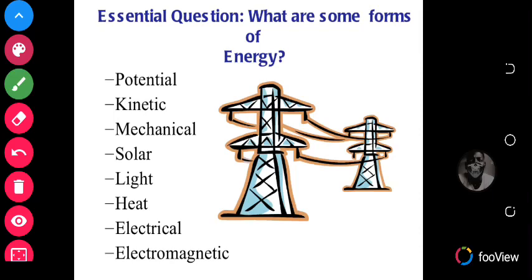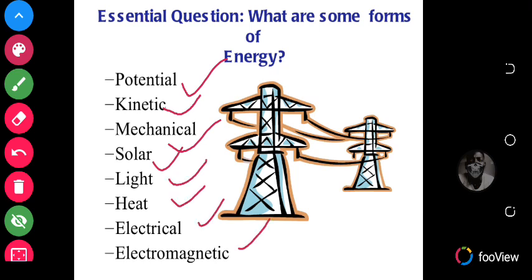So, there are forms of energy, about 9 or even more forms of energy. But for the sake of time, we'll see whether we can finish all or not. Okay, so we have potential energy, kinetic energy, mechanical energy, solar energy, light energy, heat energy, electrical energy, electromagnetic energy.